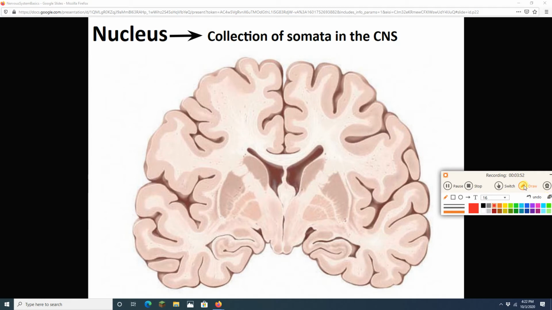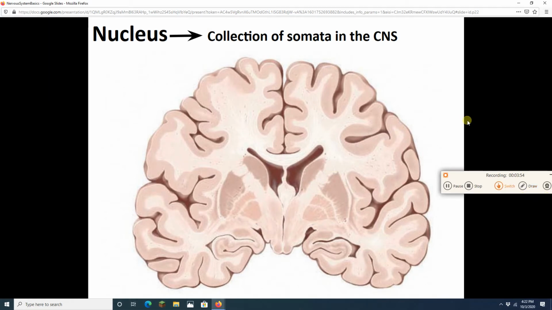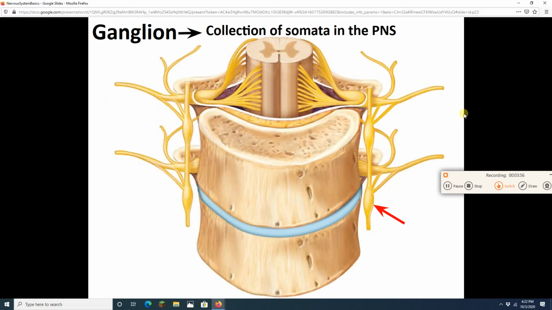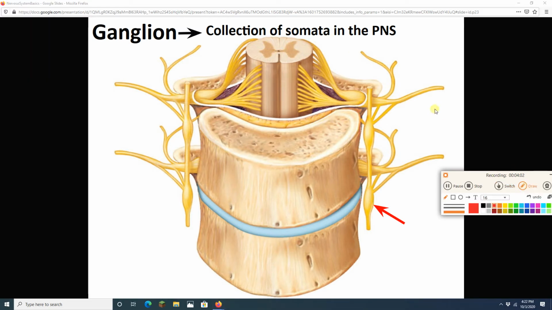Now I know what you're wondering. If I can have a collection of cell bodies in the CNS, can I have one in the PNS? And I absolutely most certainly can. Here's the spinal cord. If we're outside the spinal cord, we can see all these nerves here. And on these nerves, we have swellings like this one right here. There's another one right there, right there, right there.